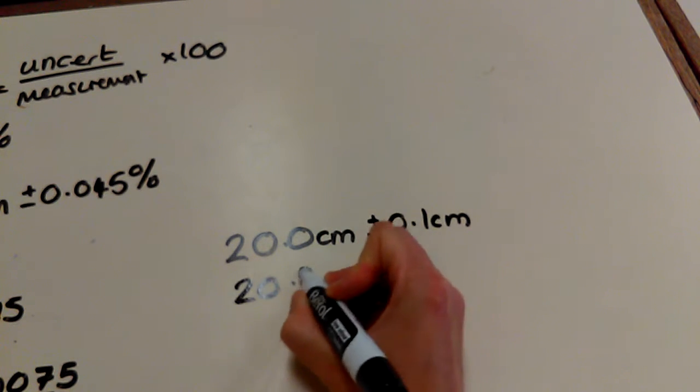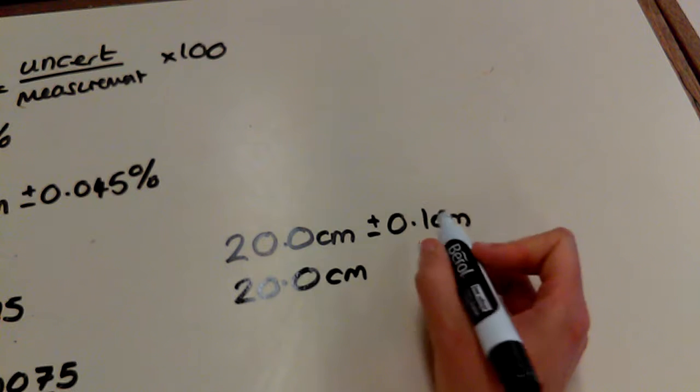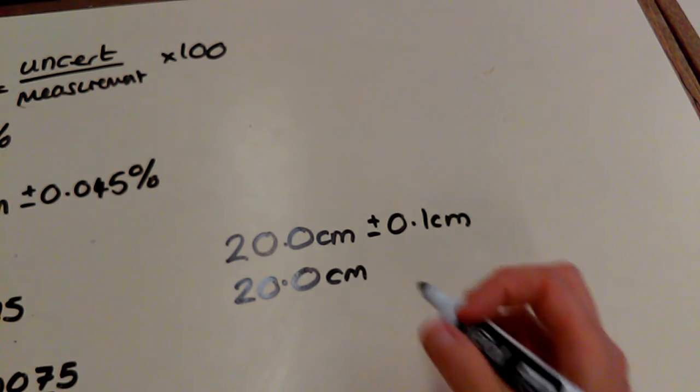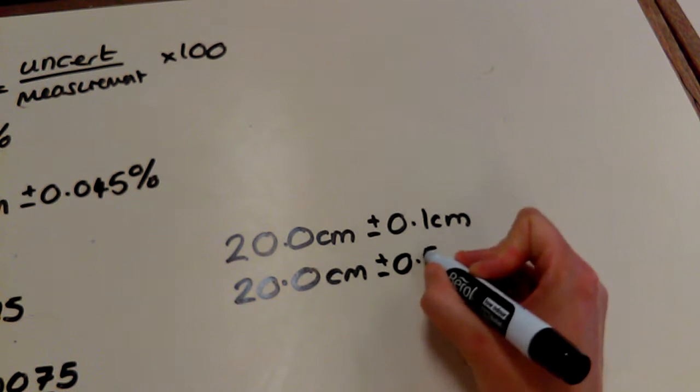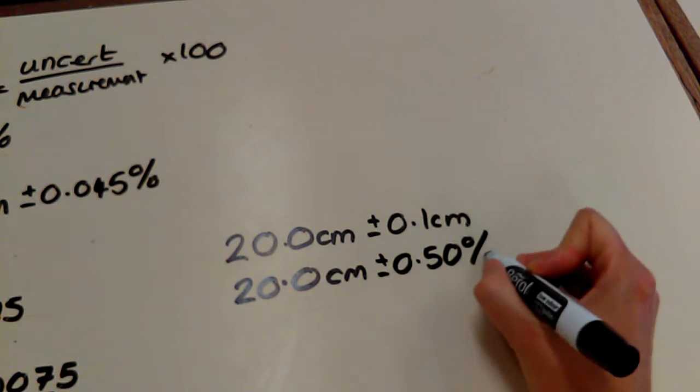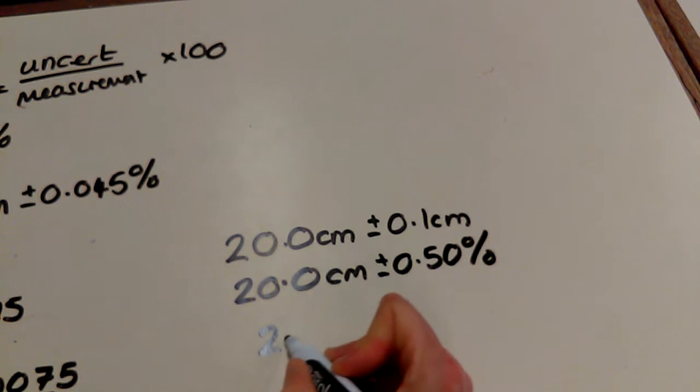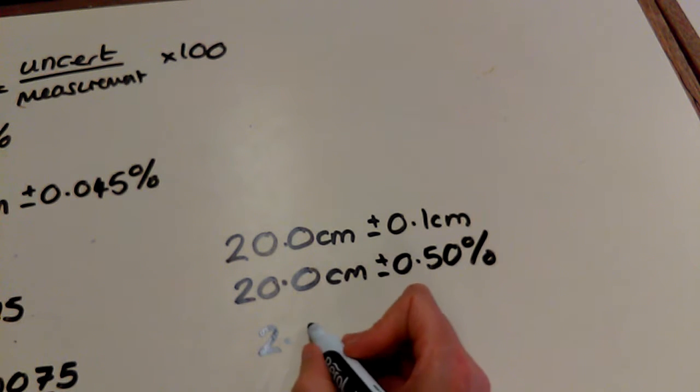If I was putting that into percentage uncertainty, we've got 0.1 divided by 20.0 times 100. We've got a percentage uncertainty there of 0.5%.